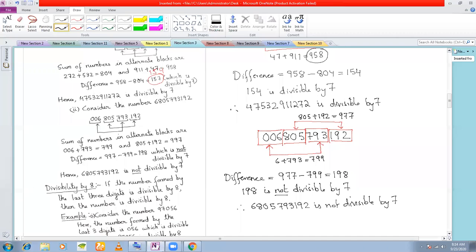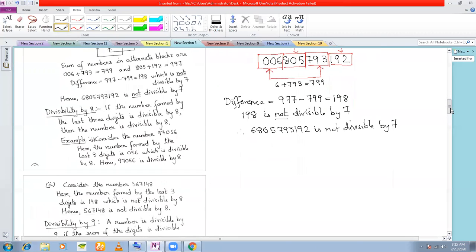You have to remember all these divisibility tests. Divisibility tests will be very useful during prime factorization of numbers. When you are prime factorizing numbers, you will find divisibility tests to be very, very useful once you learn them. But if you don't learn them, that's a different matter altogether.